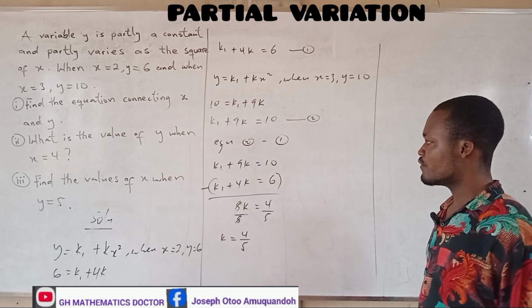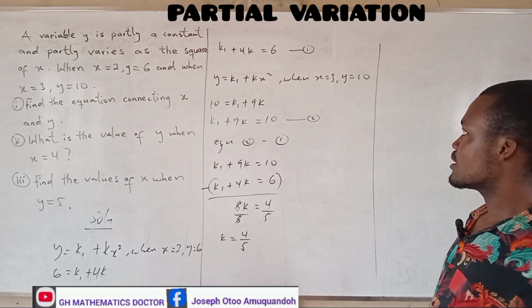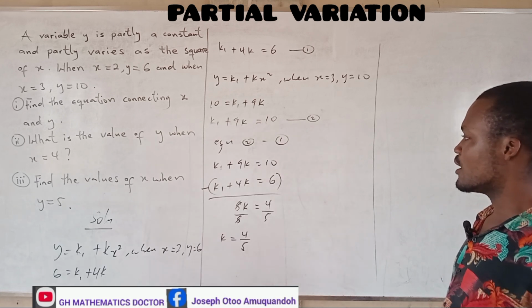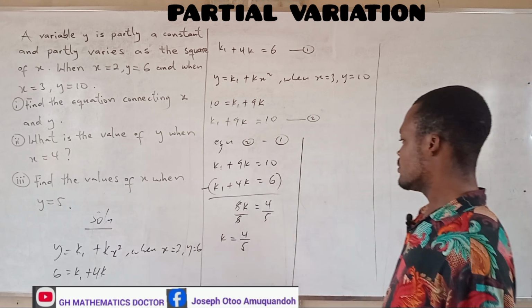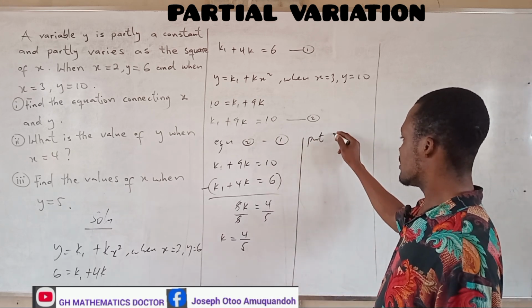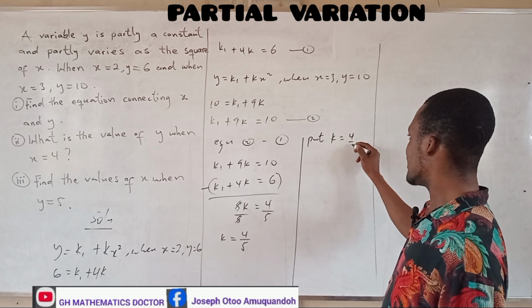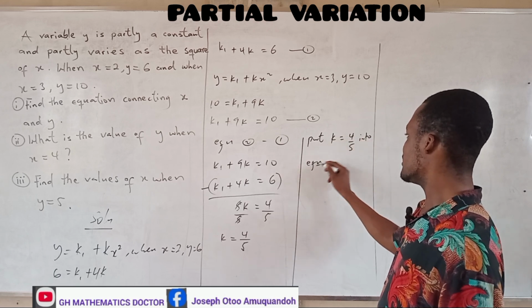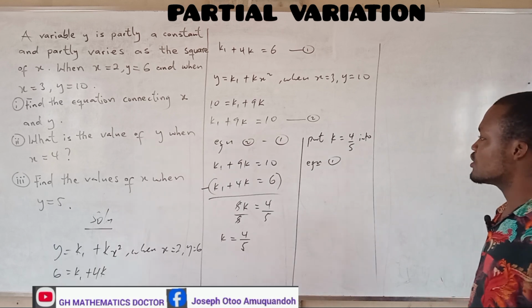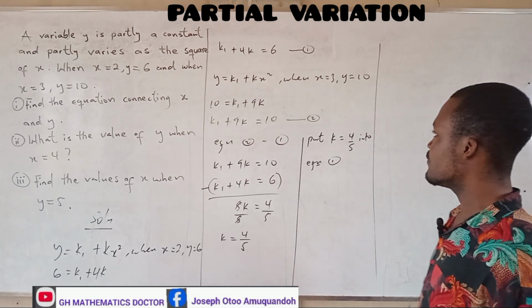Now we have the first constant as k equal to 4 over 5. We can also solve for the second constant, that is k1. So we put k equal to 4 over 5 into equation 1. Wherever you see k, we put 4 over 5 inside.